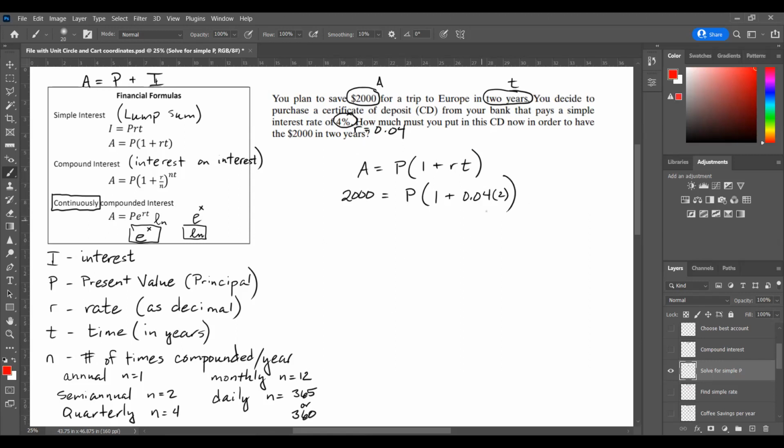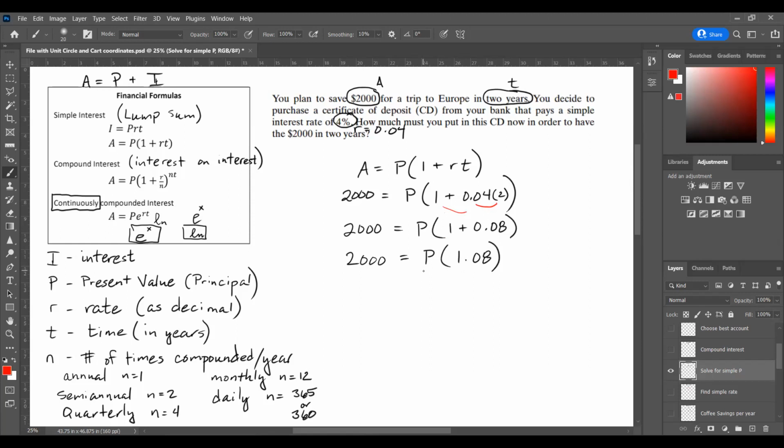Once again, PEMDAS would suggest within the parentheses, I can multiply first and then I'll add. So multiplying those first gives me 1 plus 0.08. And now I can add. So 2000 would be P times 1.08.